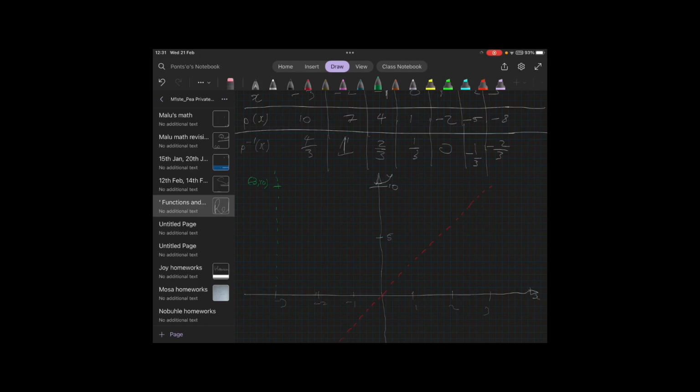At negative 2, we've got positive 7. So 5, 6, 7, somewhere there. At negative 1, it maps to like a 4, so somewhere there.